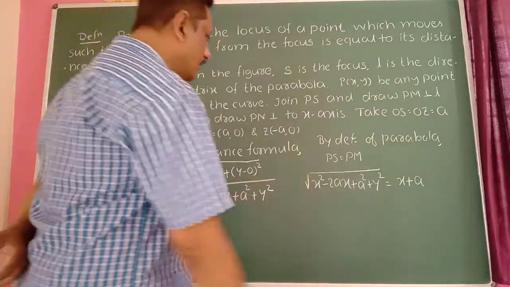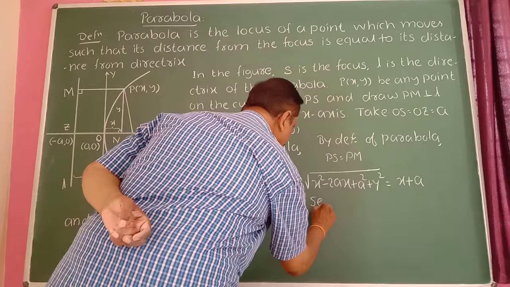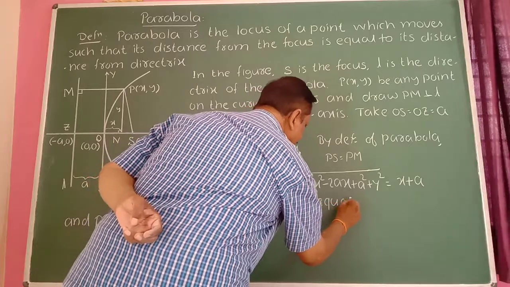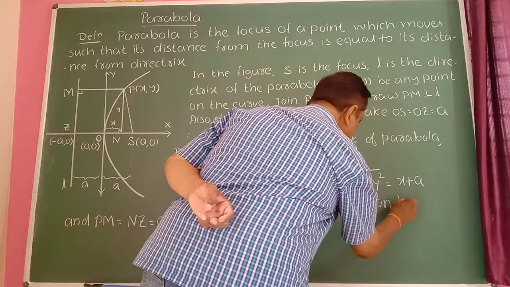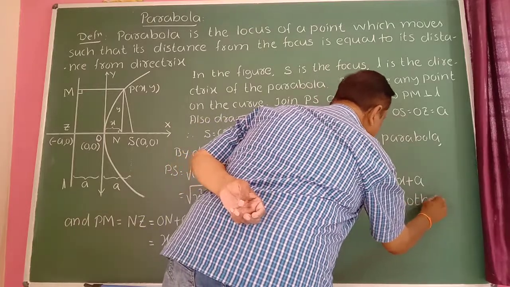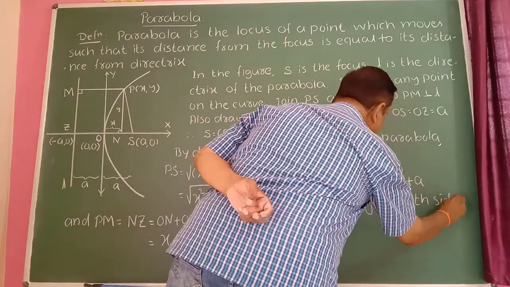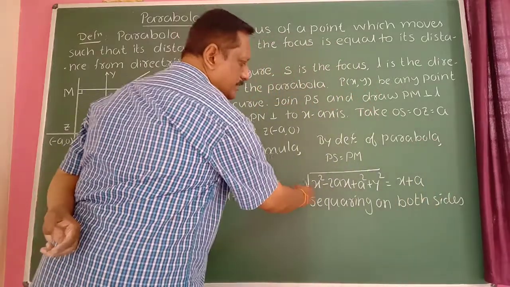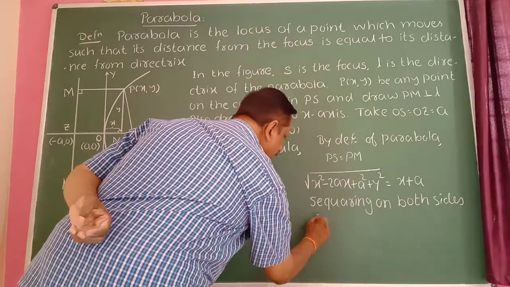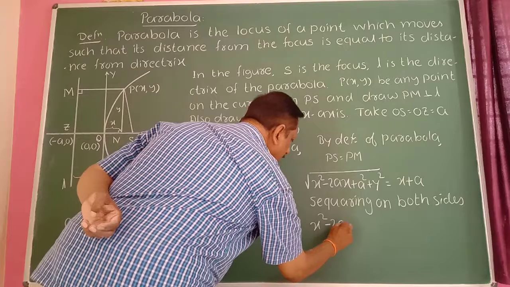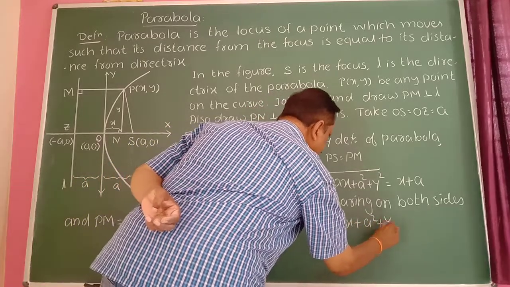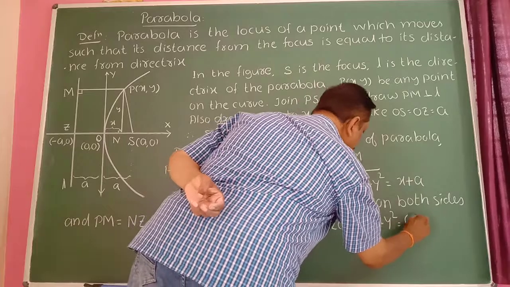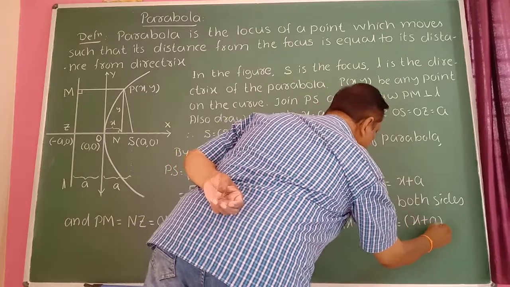Then squaring on both sides, the square root and square cancel, remaining x square minus 2ax plus a square plus y square is equal to (x plus a) whole square.